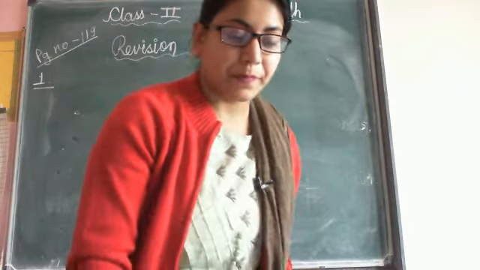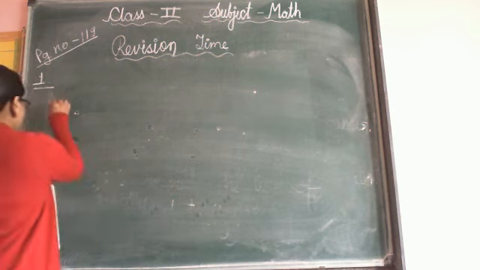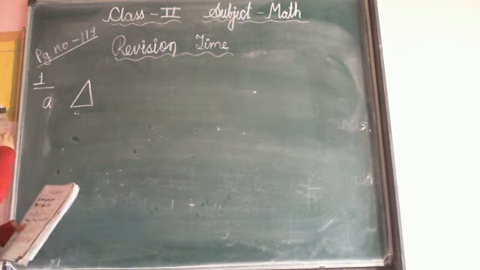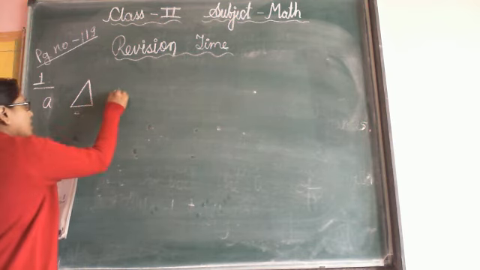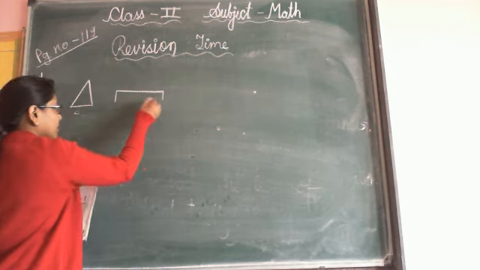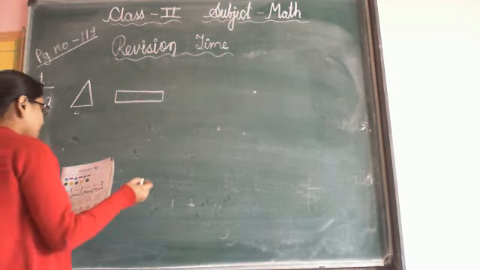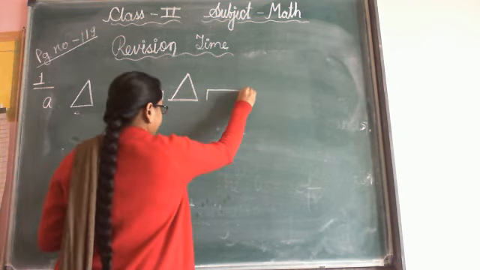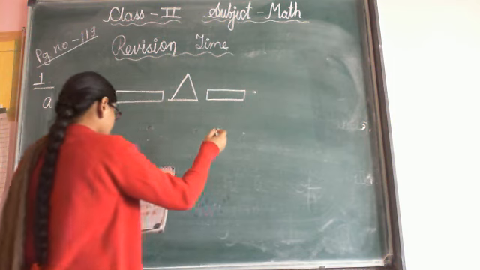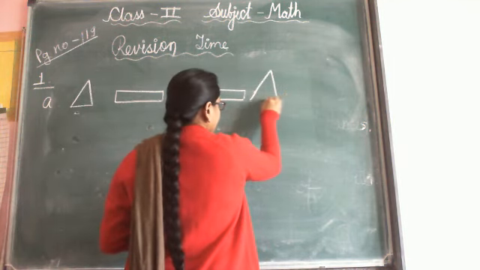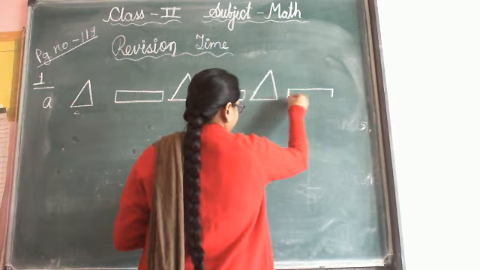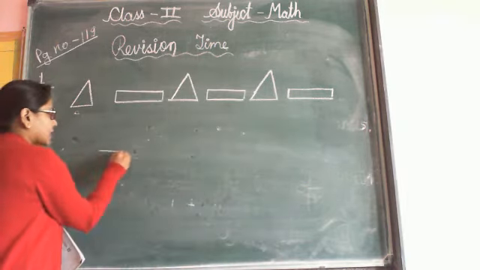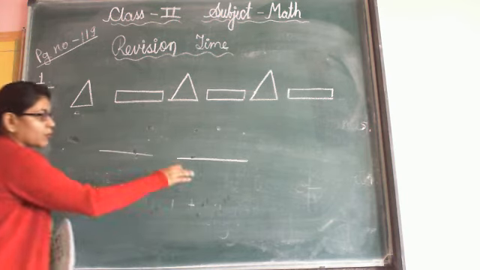So let's see question A. First is a blue triangle, then a red rectangle, then blue triangle, red rectangle, blue triangle, red rectangle. See students, as I ran out of space, the next steps I am going to draw here.